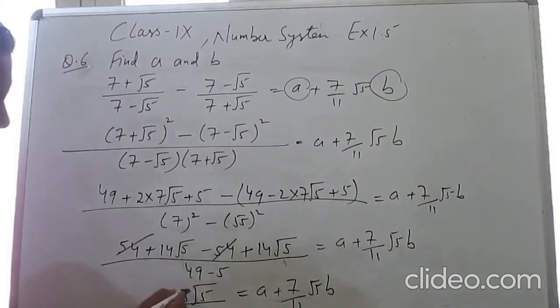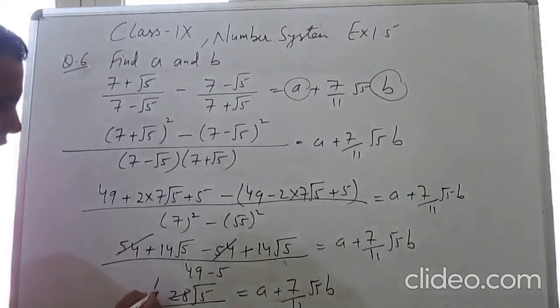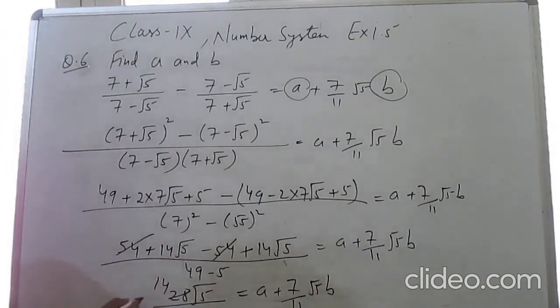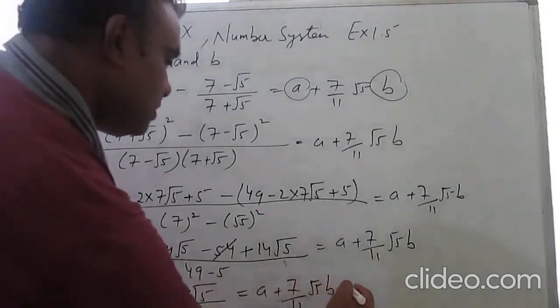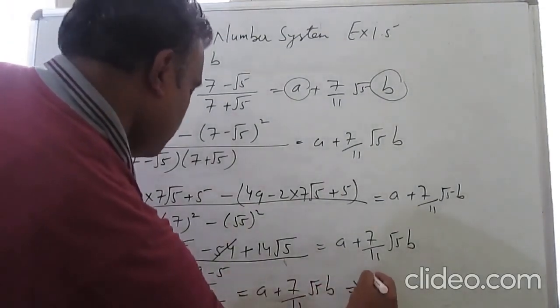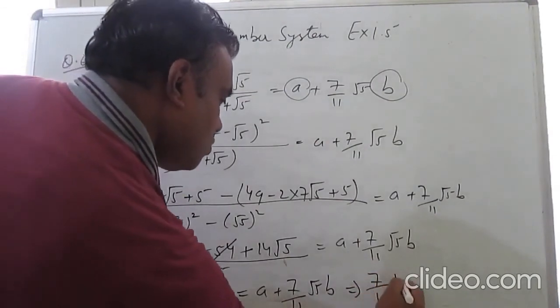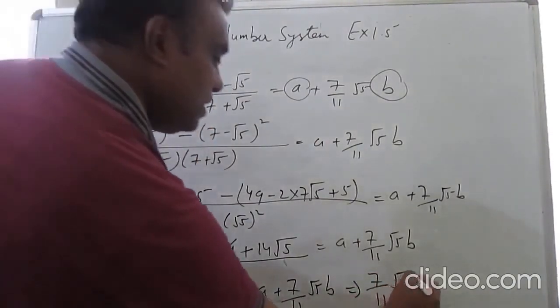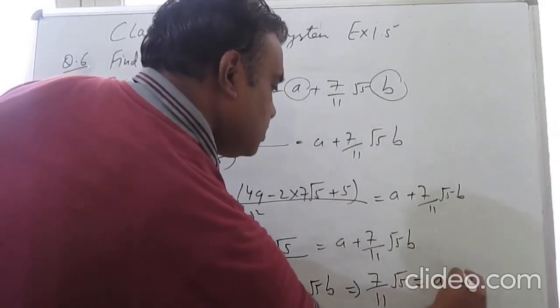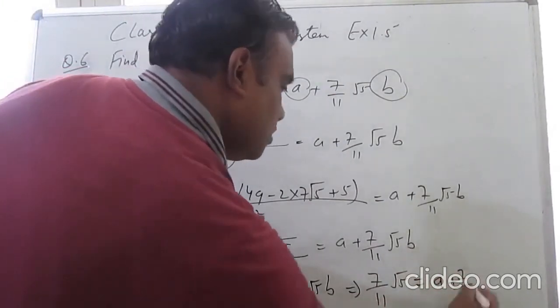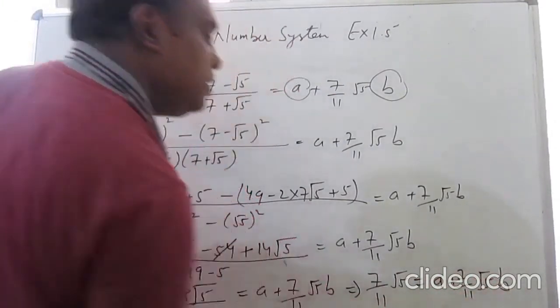Now cut it, you will get 14 and 22. Again you cut it, 7 upon 11, so you will get here 7 upon 11 root 5, and here it is a plus 7 upon 11 root 5 b.